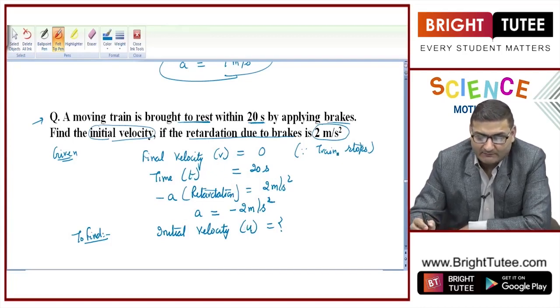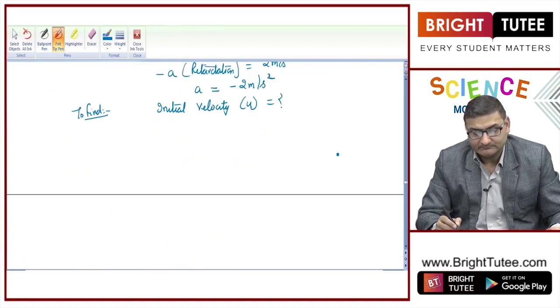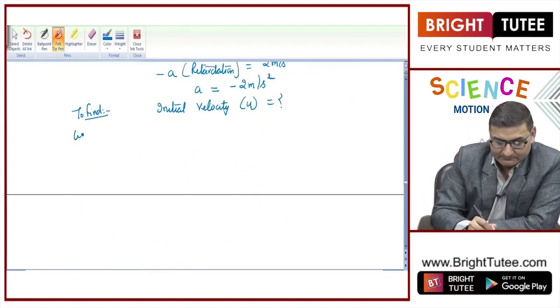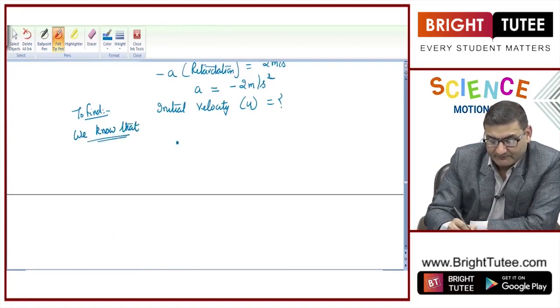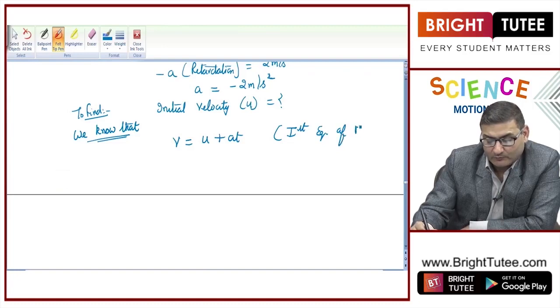So, once again we will be using the first equation of motion, right. We know that v is equal to u plus at. This is through the first equation of motion.